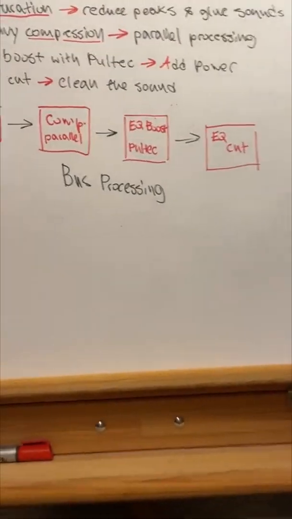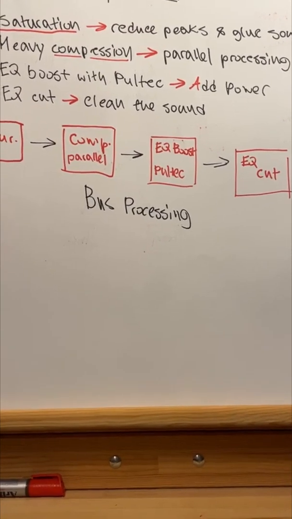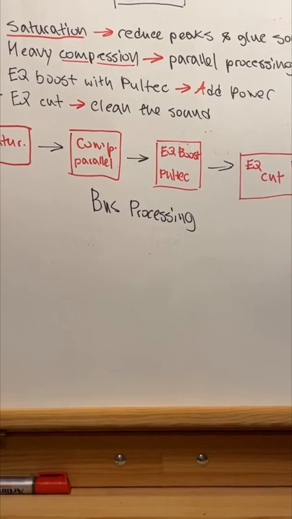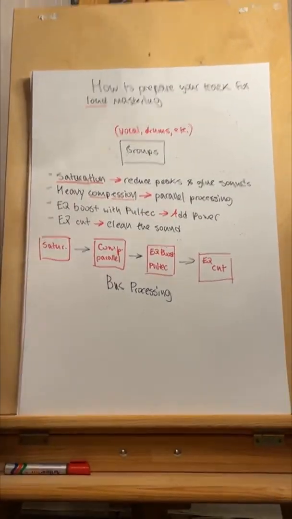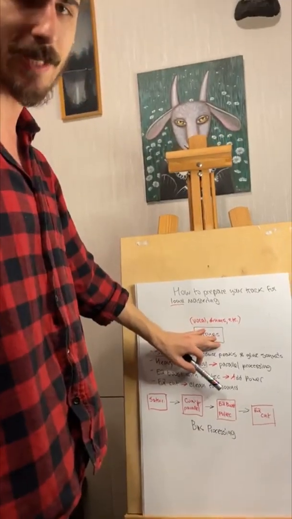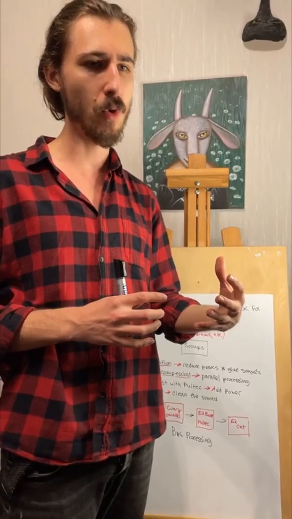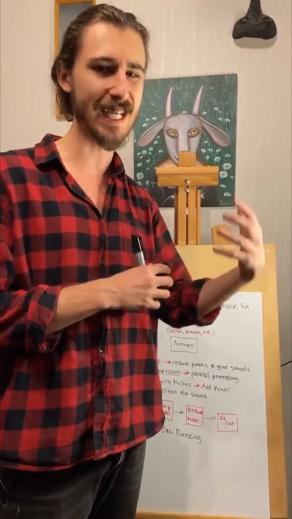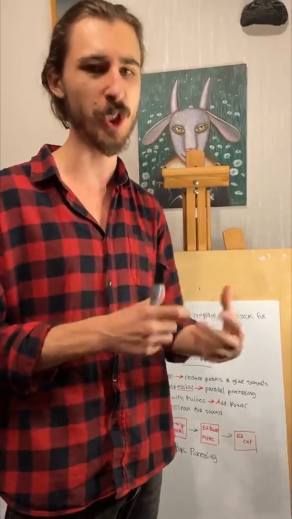Yeah, you're welcome, Eric. Saturation, limiter? No. Saturation works a little bit different. It's a little bit hard to explain on the paper. Basically, saturation is like soft clipping, but it's not exactly the same as compression.